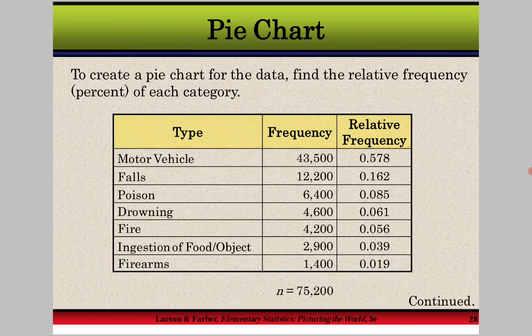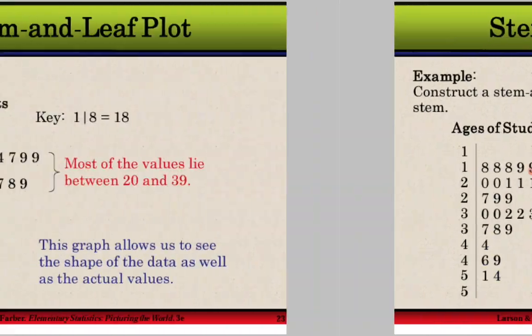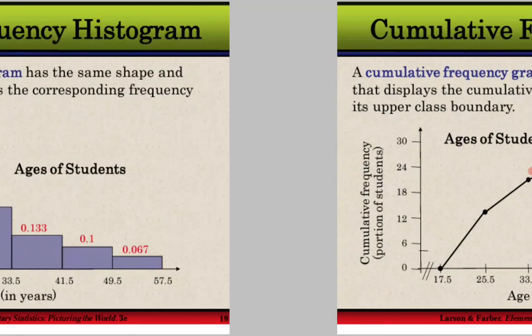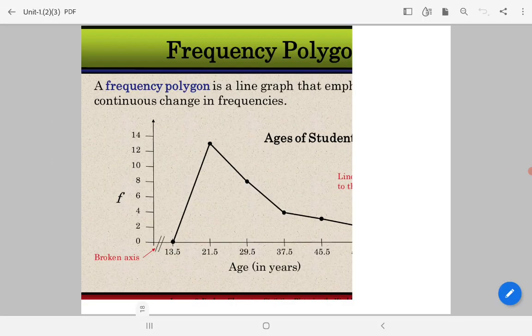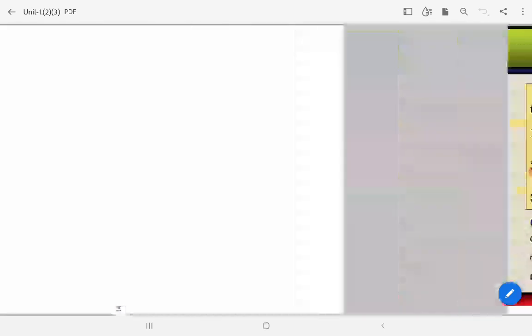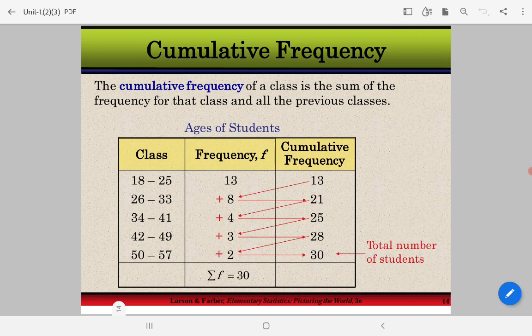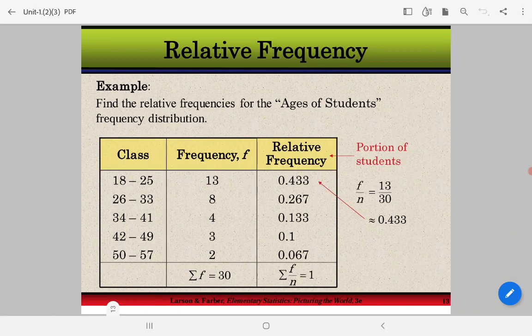It is frequency by n, f by n, where f is the corresponding class frequency and n is the number of students, or number of items, or the number of data items taken.